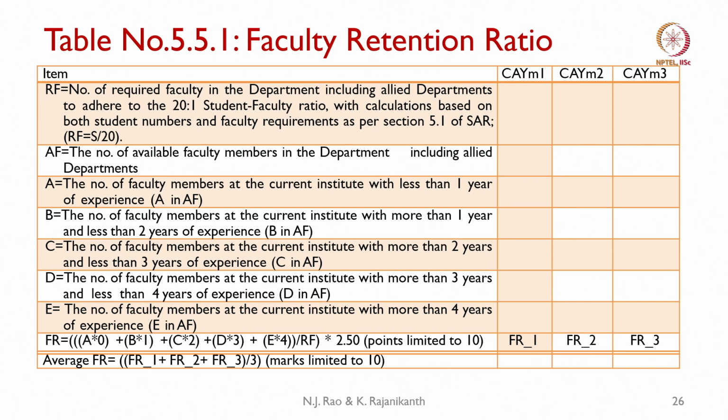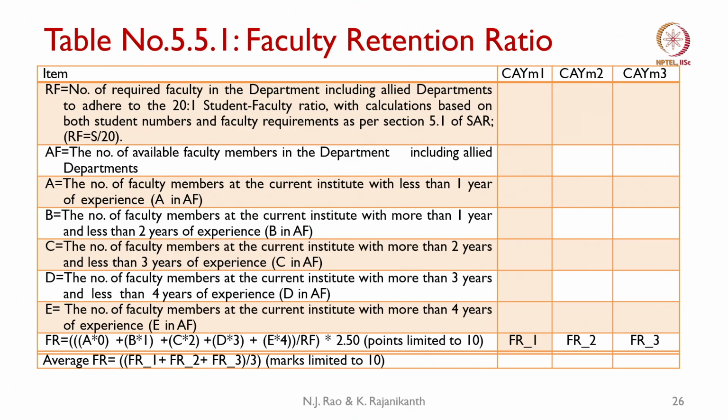Those with less than 1 year of experience are labeled A. Between 1 and 2 is labeled B, 2 and 3 labeled C, 3 and 4 labeled D, and more than 4 years is labeled E. So, if the E value is high, it means that the faculty retention is high. In fact, the higher the numbers for E, D, C, etc., the higher is the retention value of the department. That is why they are weighed more.